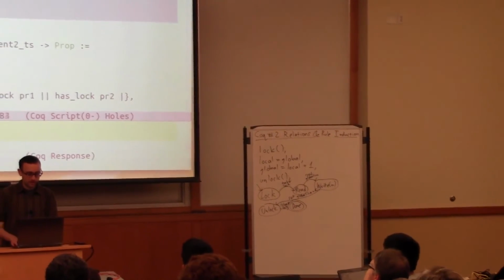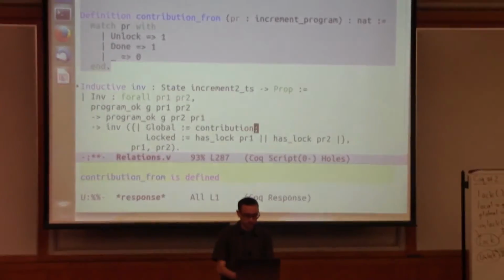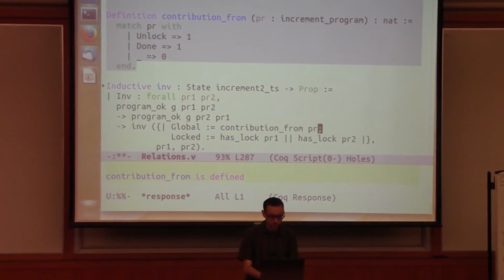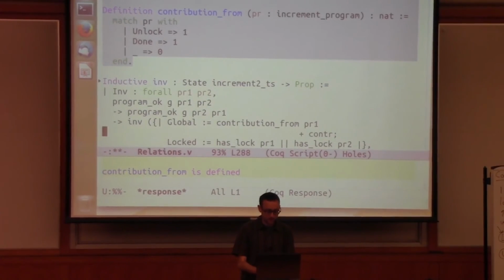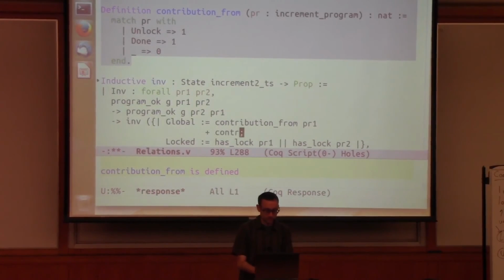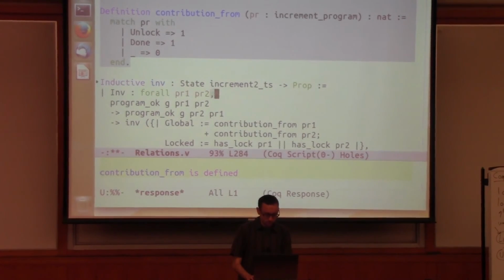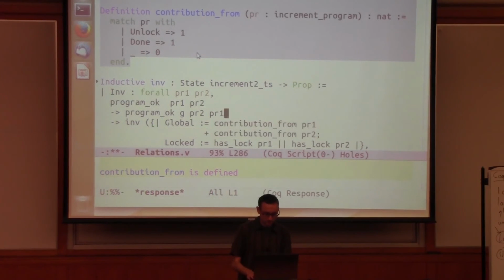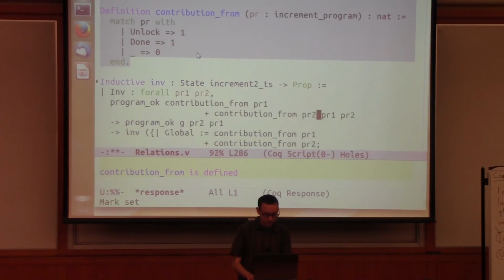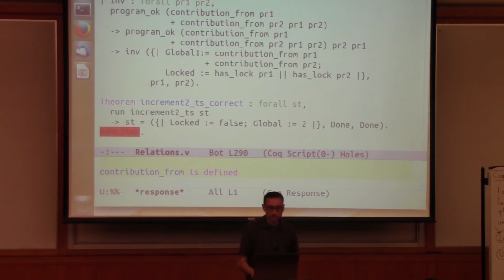So we have this contribution from, and we can just add together the contributions of the two threads. And the way I've written this, we'd have to kind of copy this over, which is why it might be nicer to bind a variable to that, but I'll leave it like this for now. So this feels like double. Double counting?